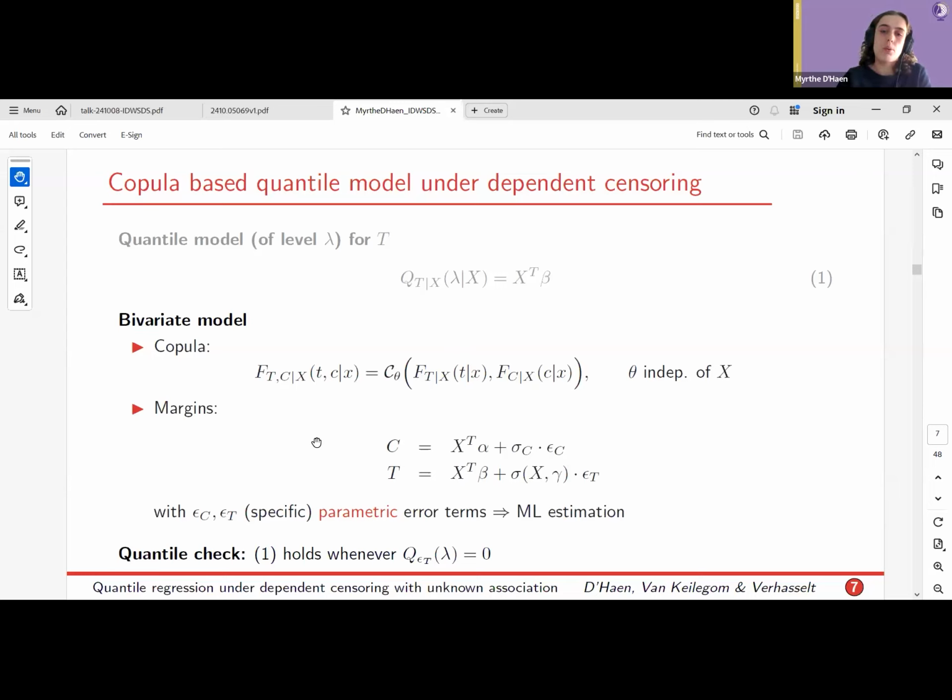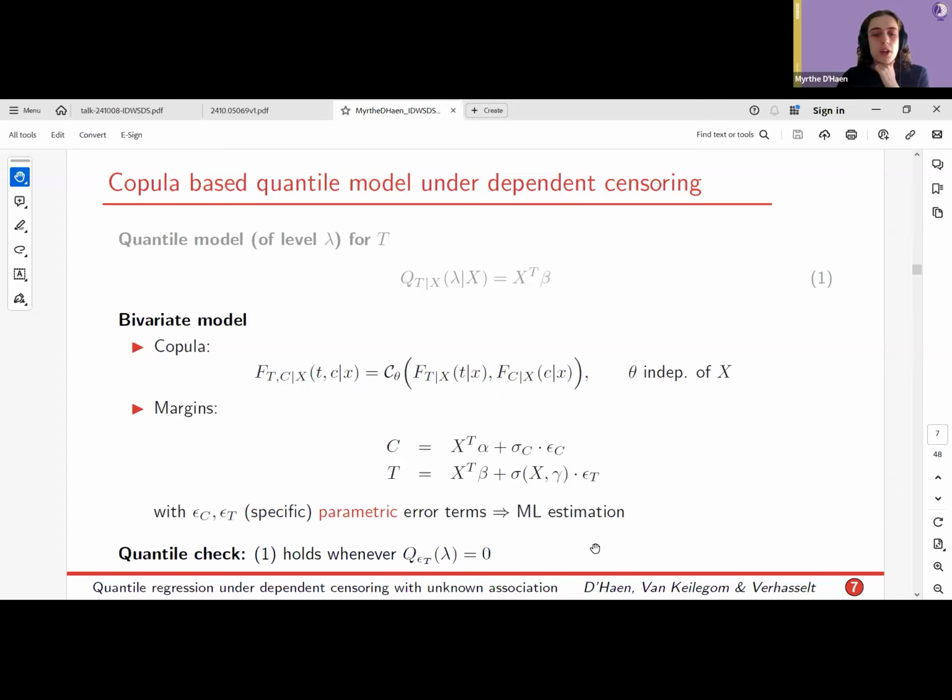But then on the other hand, we're mainly interested in the survival time T. So there we will make a very specific construction for the distribution of the error term that I will get back to in minutes. Let me just already point out that the model is actually fully parametric, even though the number of parameters will grow large. So in particular for the estimation, this implies that we can, as in the previous talk, just apply maximum likelihood.